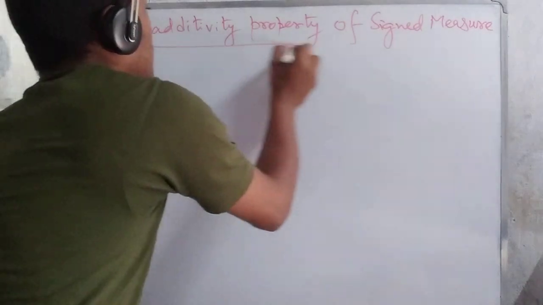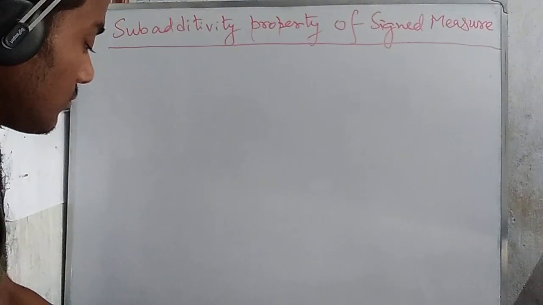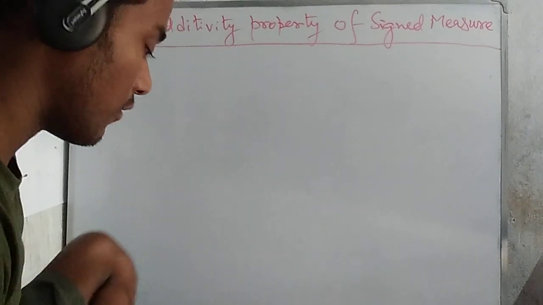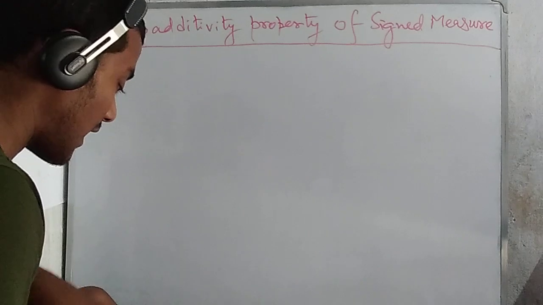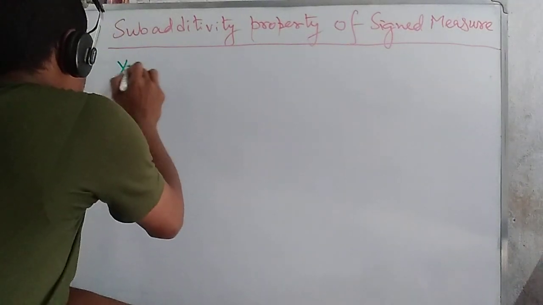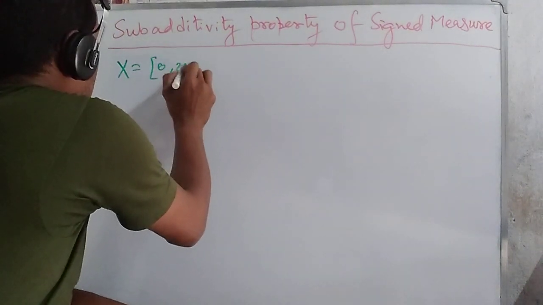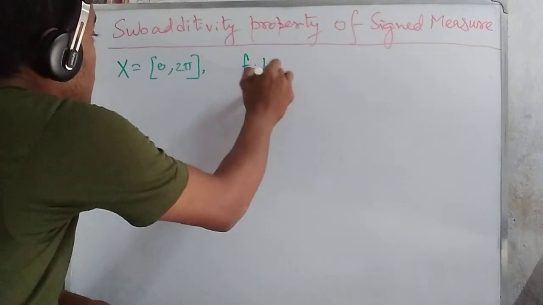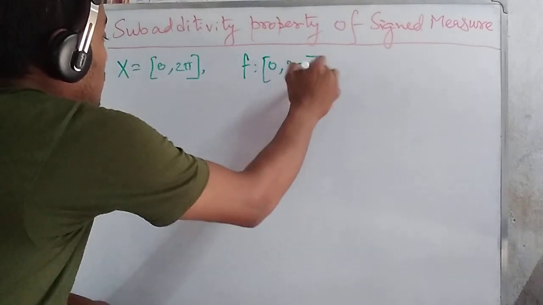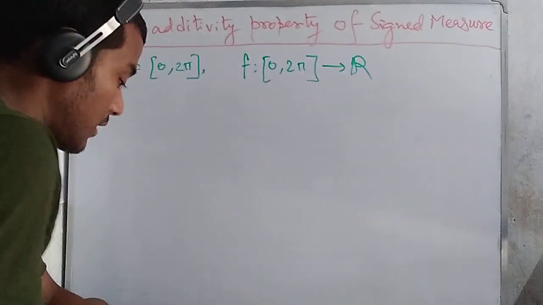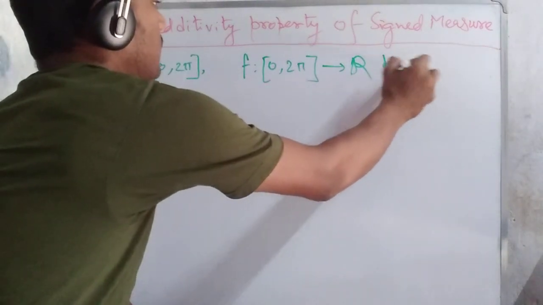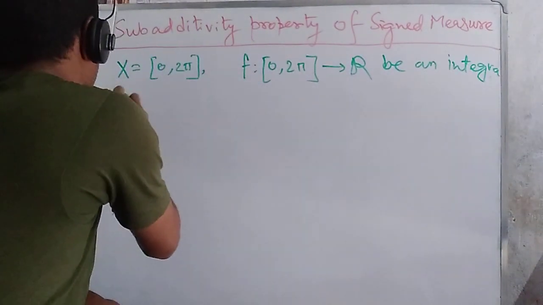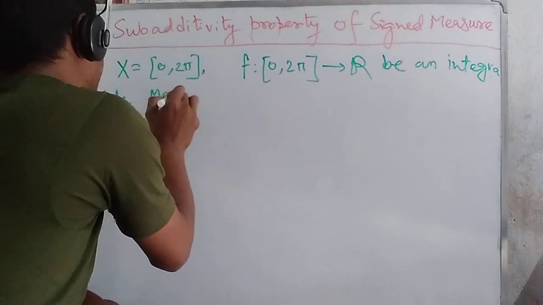Now also discuss the same problem. We know that x equal to 0 to 2 pi, and obviously f from 0 to 2 pi to R be an integrable measurable function.